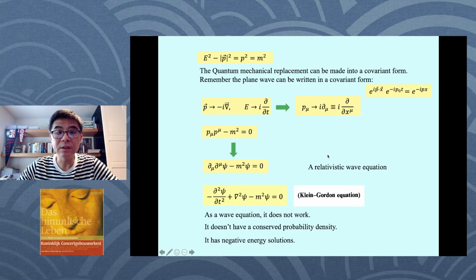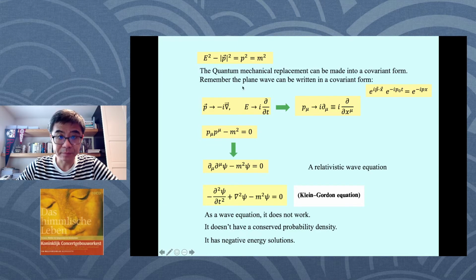The only thing you need to change is the energy momentum relation. For a relativistic particle, E squared minus p squared is equal to m squared. Usually we write it as the 4-momentum squared is equal to m squared.